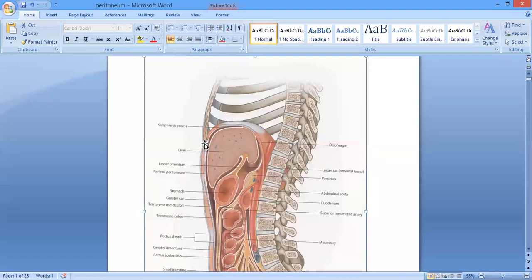The parietal peritoneum is having the somatic innervation, whereas the visceral peritoneum is autonomic, right? It is pain sensitive, having the somatic, तो ये voluntary system से related है और ये involuntary system से related है, right? And this one is having the feelings of the sensation of pain, pressure, touch, whatever, right?